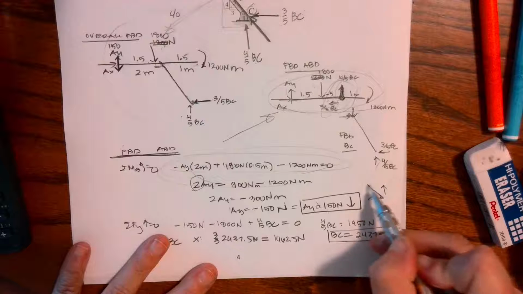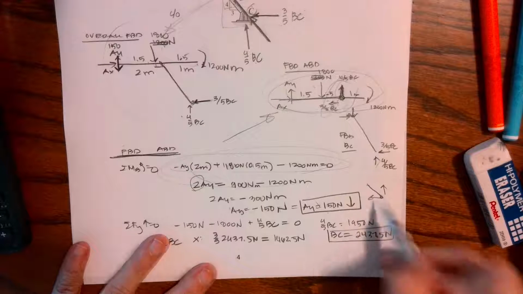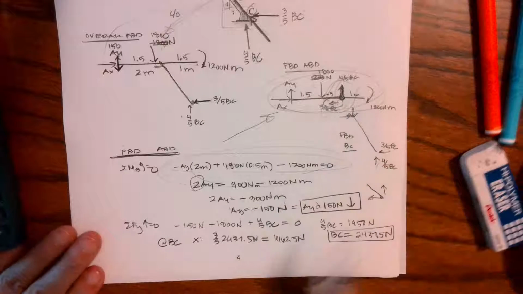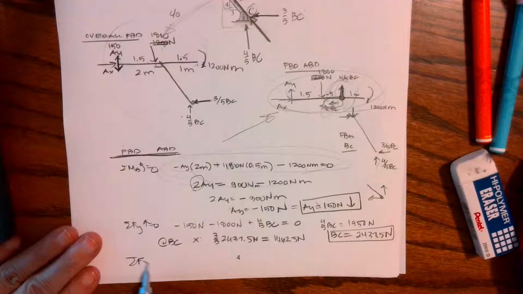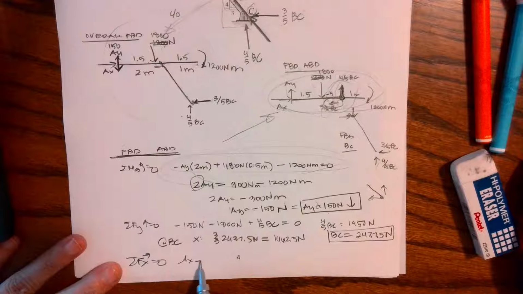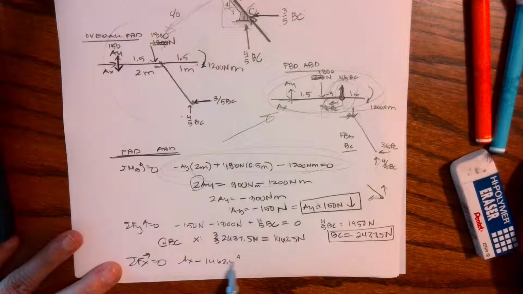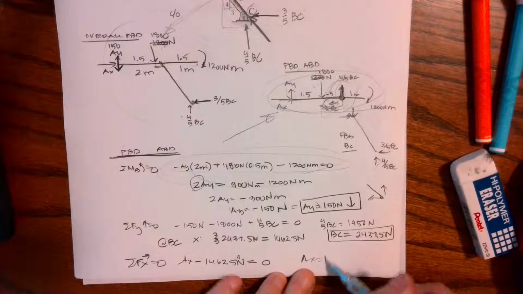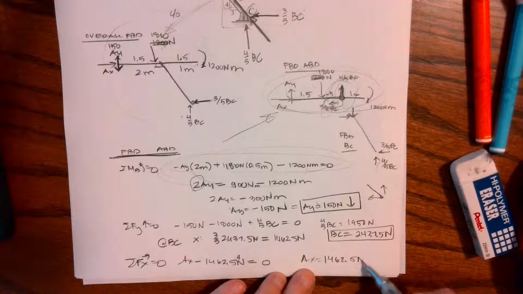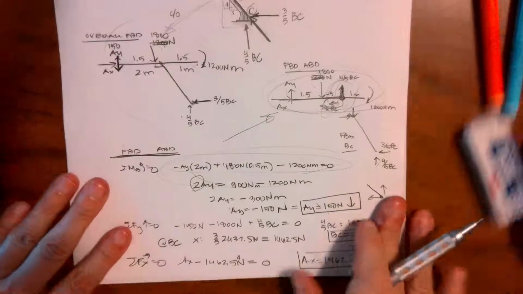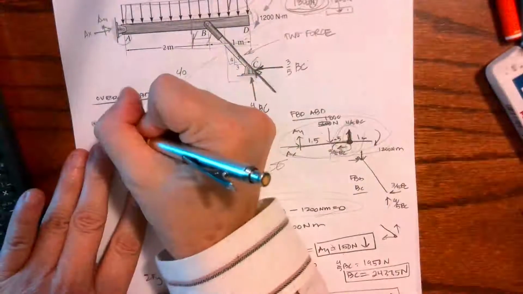And once I have the force in this member, I can calculate X and Y. Now I can still go back up here, and I can sum forces in the X direction equals 0. And I get AX minus 1462.5 newtons equals 0. So AX equals 1462.5 newtons in the direction that I assumed. So we can go back up to our overall picture.